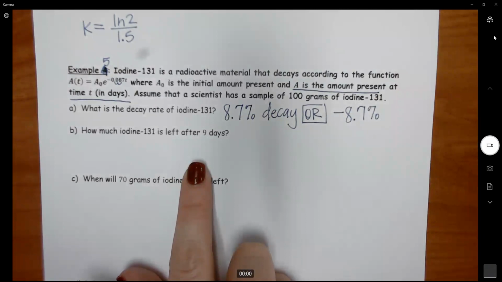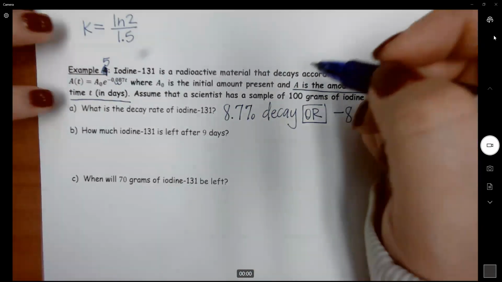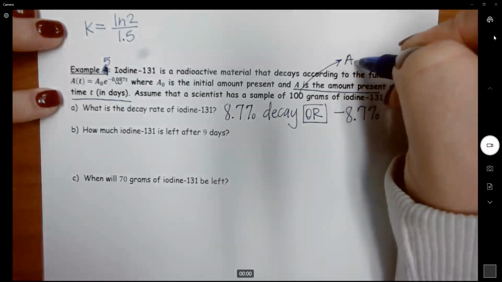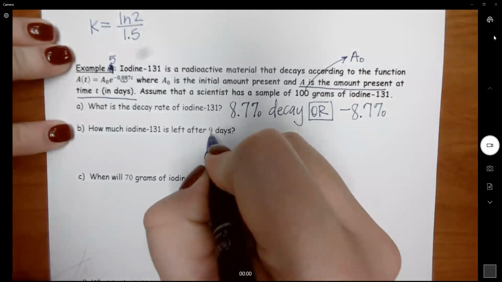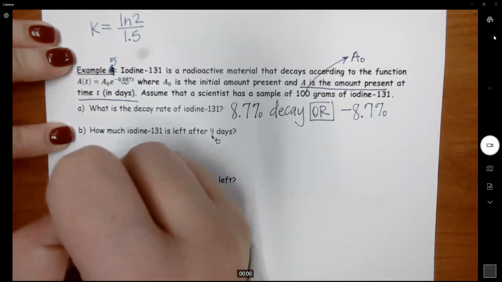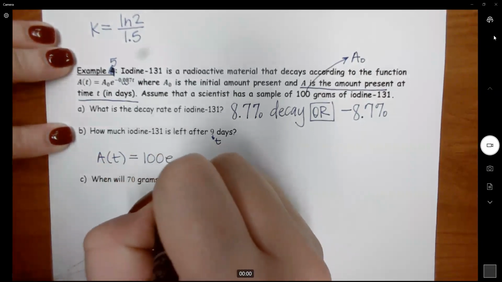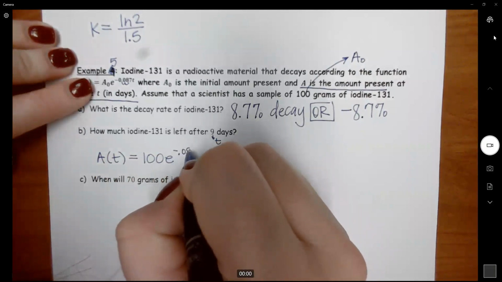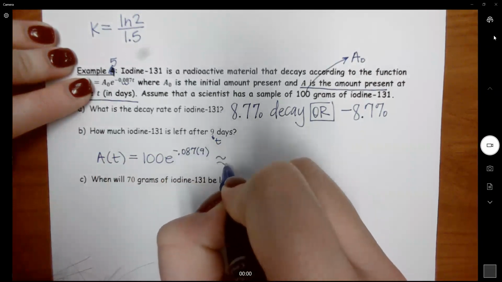Wants to know how much iodine is left after 9 days. Well, if we have a sample of 100, this is my A naught. So plug in. Now 9 is my t. So I have A of T equals 100 e to the negative 0.087 times 9.